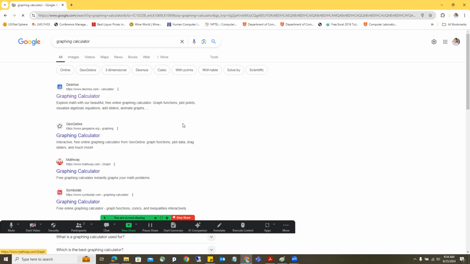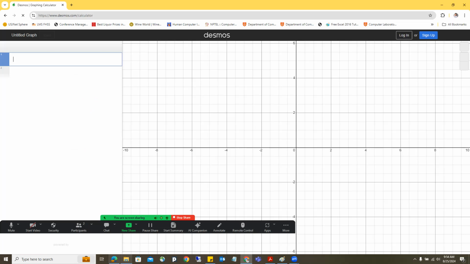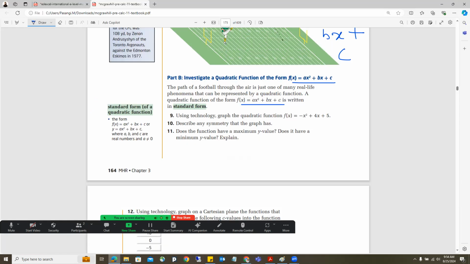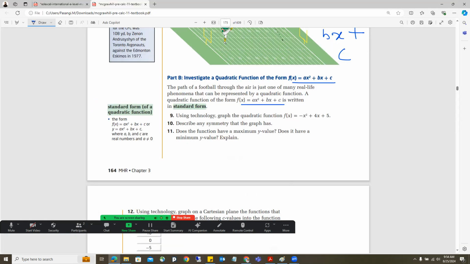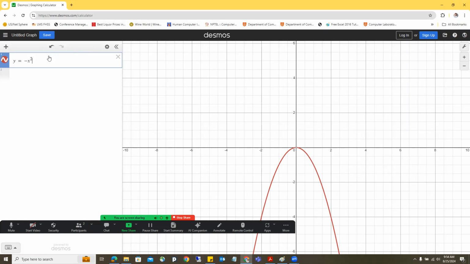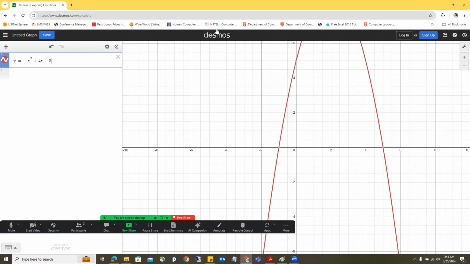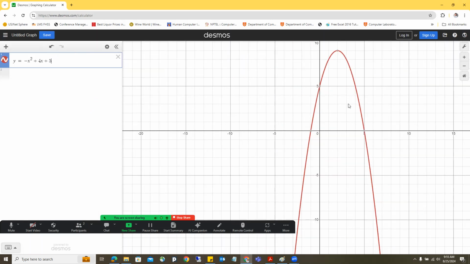For this graphing calculator, now what is the equation? y equals minus x squared plus 4x plus 5. So here we have the graph of this equation.